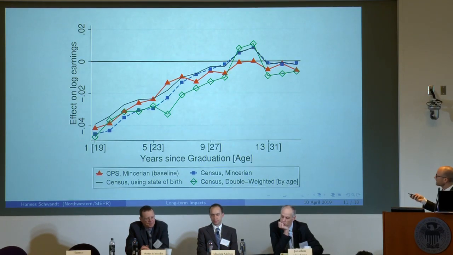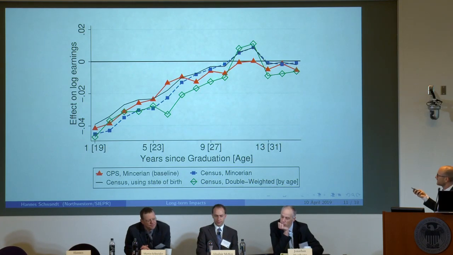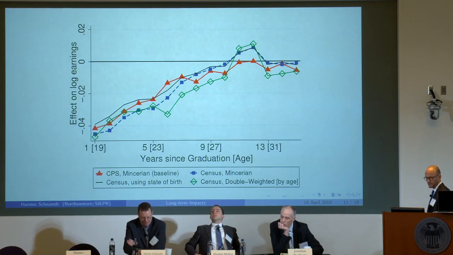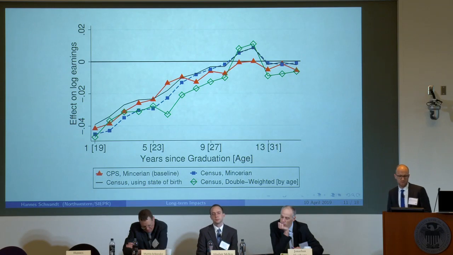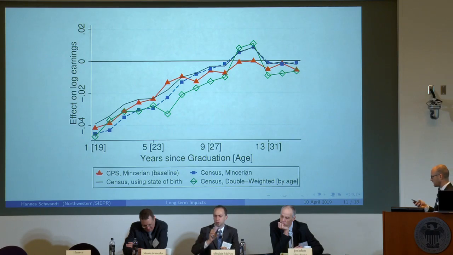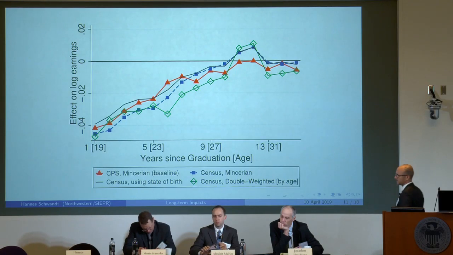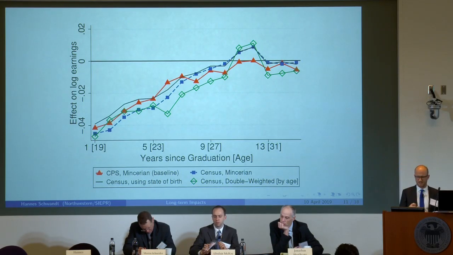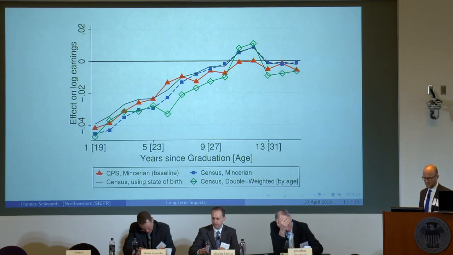Then the blue line here just replicates the same specification in the census data, and the green line then shows the double-weighted unemployment rate, which again is clean of measurement error, and it's not subject to endogeneity concerns. So given that all of those effects look very similar, we are confident that the Syrian approach in the CPS data is actually giving us valid insights into the outcomes and effects that we can measure in that data.